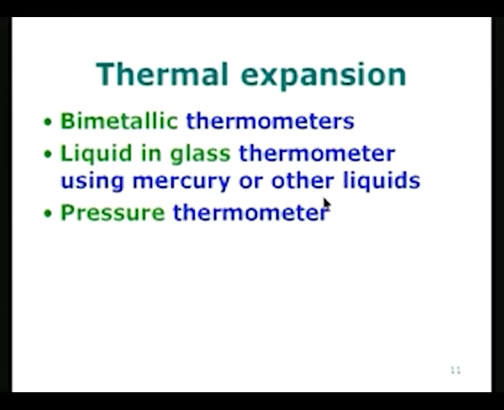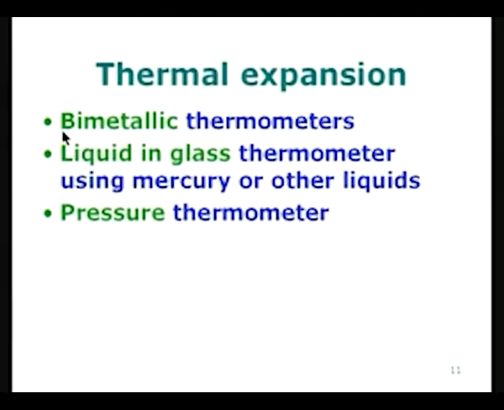The bulb is a reservoir to hold the material, and the capillary gives an amplification to the change in volume in terms of the length. So, liquid in glass or liquid in metal thermometers are very common, and these are used in day to day practice. We will not be considering too much detail on this, because there is not too much of a detail which one has to know.